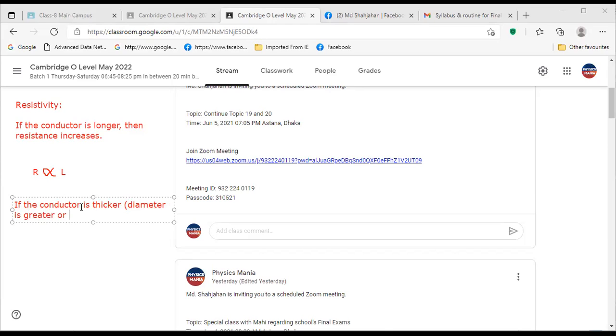We write it more easily like diameter, slash radius, slash cross-sectional area, greater.